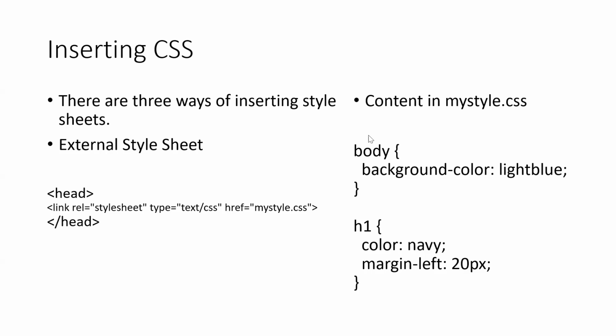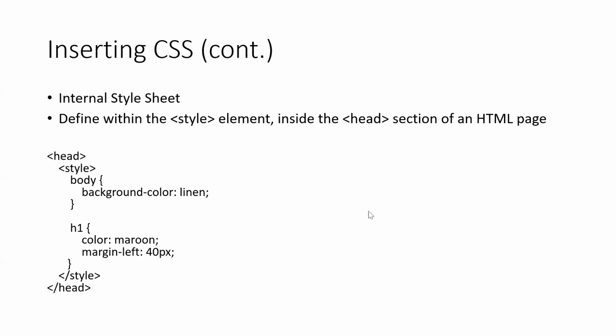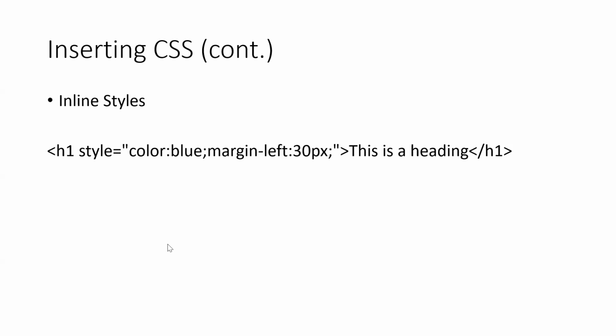Similarly, if you want to have it as an internal style sheet, you can use the style tag. Within the style tag, you can define the set of rules in CSS. The next one is when you have the HTML tag, within that you can use the style attribute where you can create a set of CSS rules, which is called inline style.